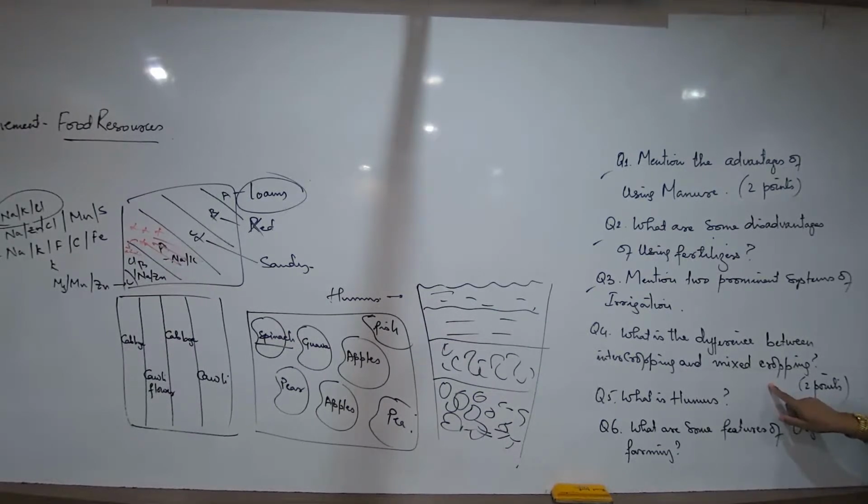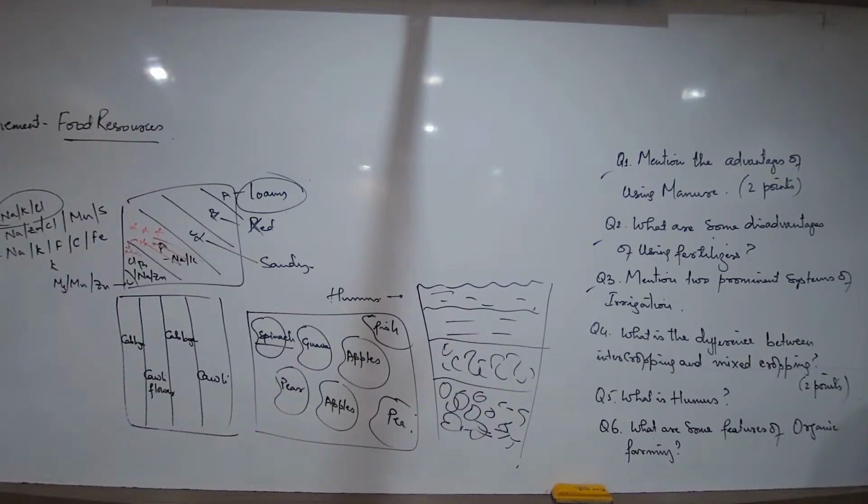Did you write? First point all of it done. Let us write down the second difference between intercropping and mixed cropping. For intercropping, what did I tell you? The nutrients should be roughly similar in intercropping and mixed cropping. That point is more or less the same. The crops can be different.